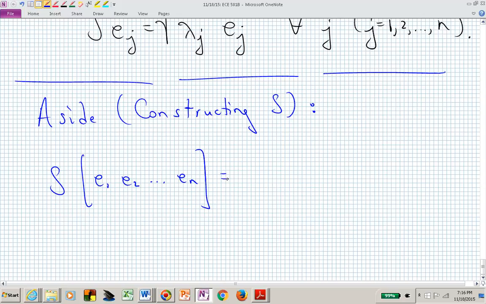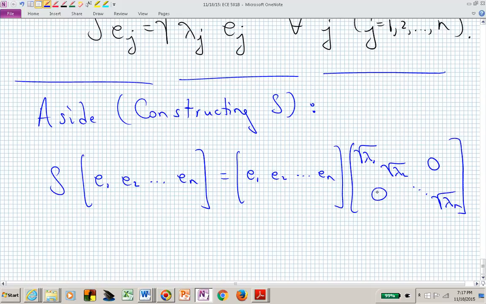But that's just scaled orthonormal vectors e1, e2, e sub n, where they are scaled by the square root of lambda 1, square root of lambda 2, square root of lambda sub n. So those are on the diagonal of a diagonal matrix.